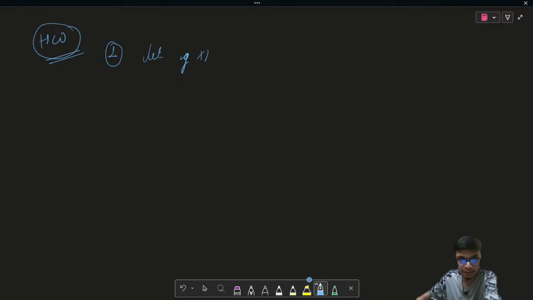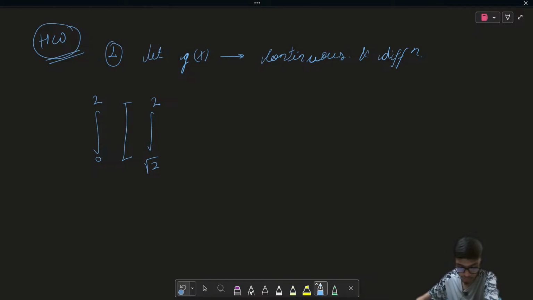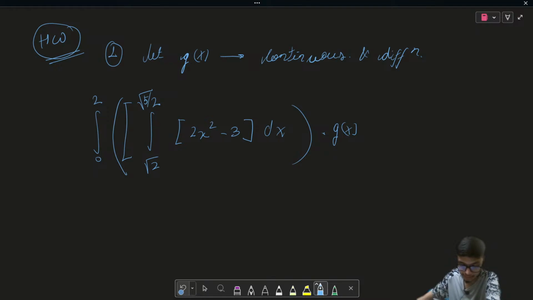Let us say you have a function g of x, which is a continuous and differentiable function, such that within the interval from 0 to 2, if you integrate it, going from root 2 to root under 5 by 2, we have greatest integer of x square minus 3 dx, and this multiplied with g of x dx equals 0, right?